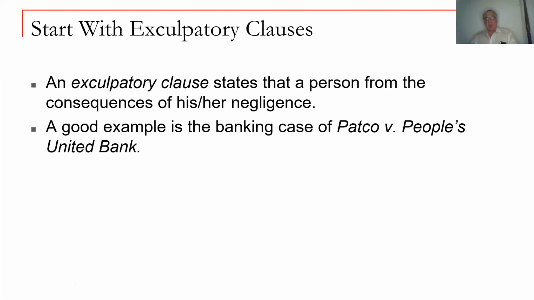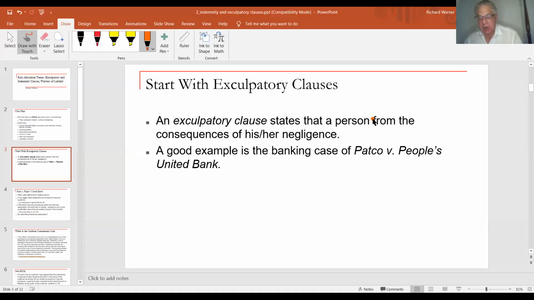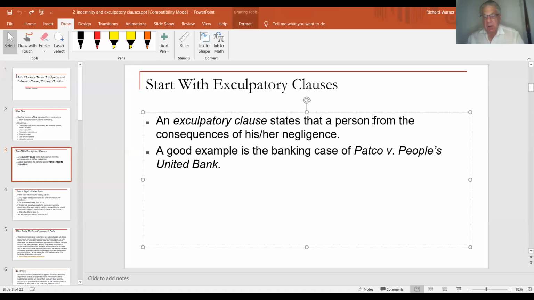So we're going to start with exculpatory clauses. And an exculpatory clause is just a clause that says a person won't be liable for the consequences of their negligence. I was just changing that clause before we started to make it a little more readable, and in making my change to make it more readable, I left out the crucial part.